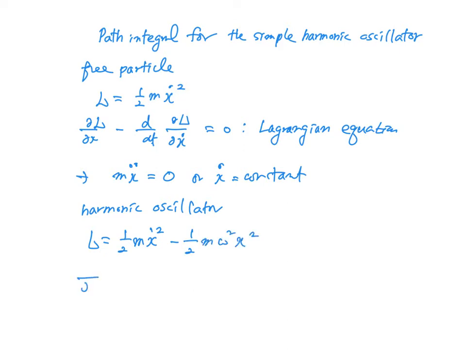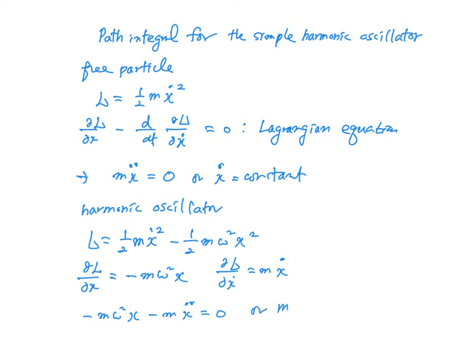So partial L over partial x is minus m omega squared x, and partial L over partial x dot is m x dot. So the Euler-Lagrange equation becomes minus m omega squared x minus m x double dot is equal to 0, or m x double dot is minus m omega squared x.